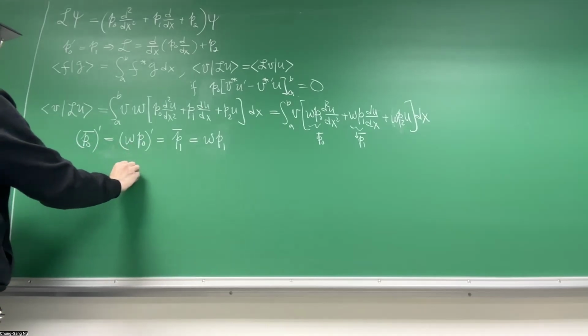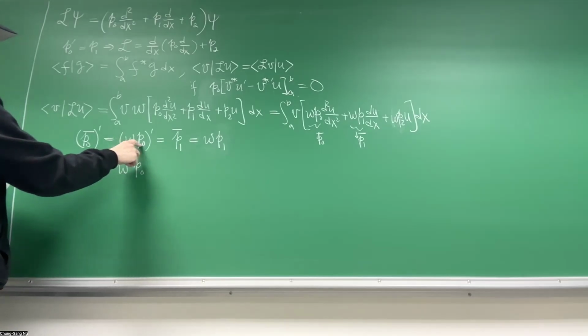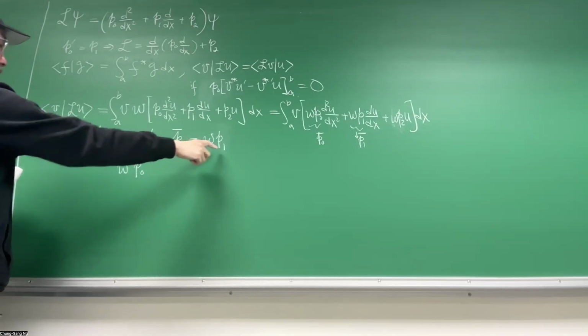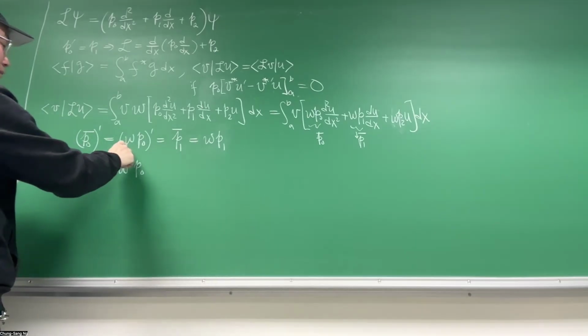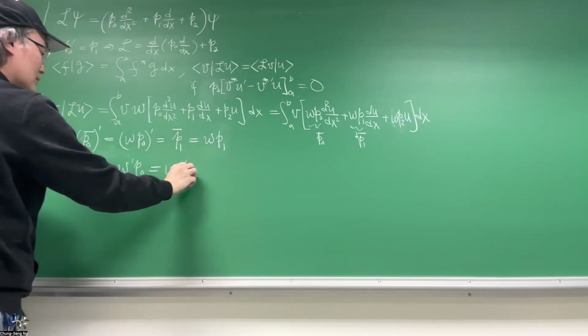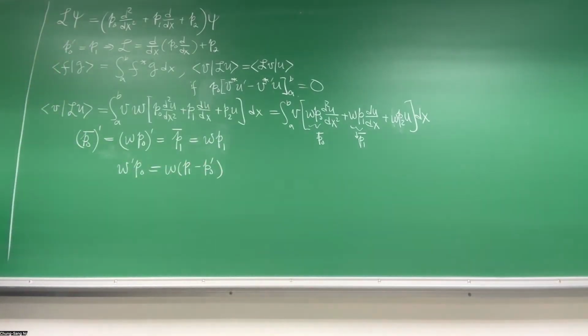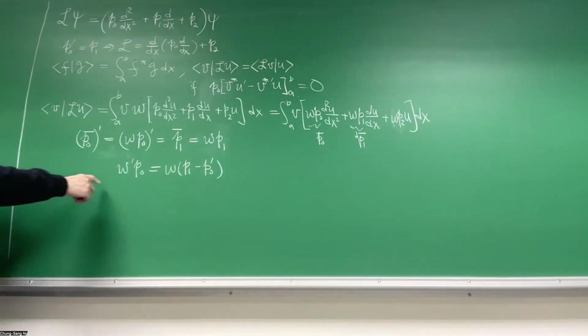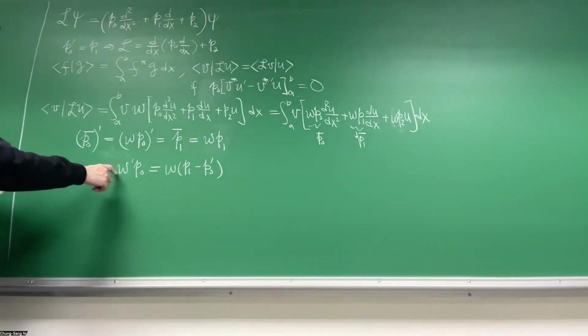W prime P0, and then you have P0 prime times W, and then you have P1 also, and you can move the other term over there, so W prime P0 equals W times (P1 minus P0 prime). Right, and that is a very simple differential equation for W.